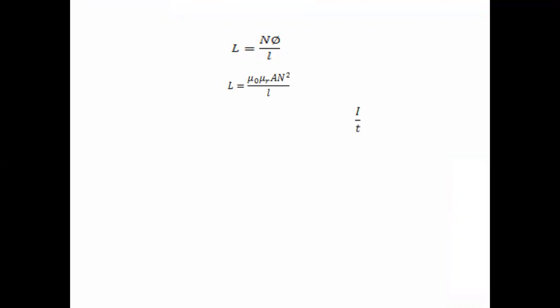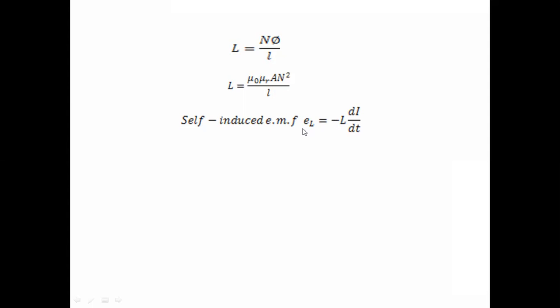So these are different forms of the inductance. The self-induced EMF, e_L, is equal to minus L into di by dt. The negative sign corresponds to it being opposite to the applied voltage. It is generated in opposition to the applied voltage.